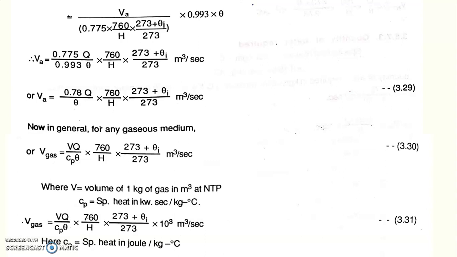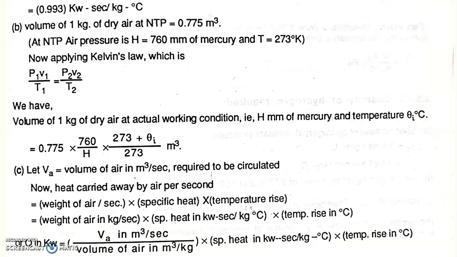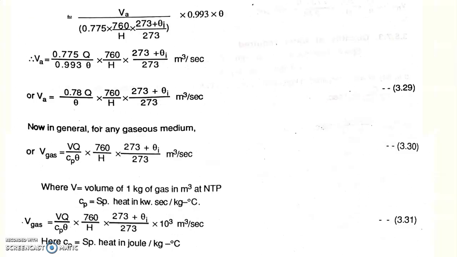Here 0.775 is the volume of 1 kg of dry air at normal temperature and pressure. This is for air. If it is any other gas, you can put the volume for 1 kg of that gas instead of 0.775, and divided by 0.993.